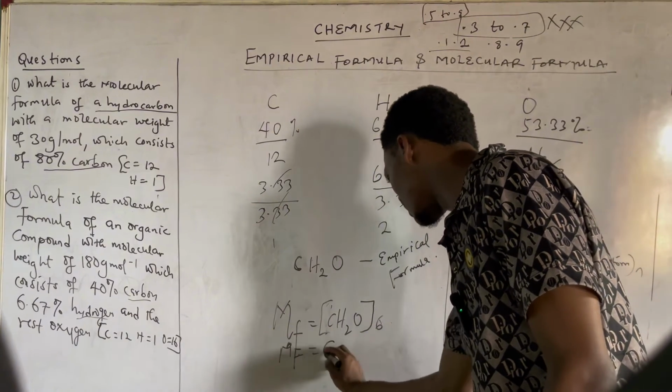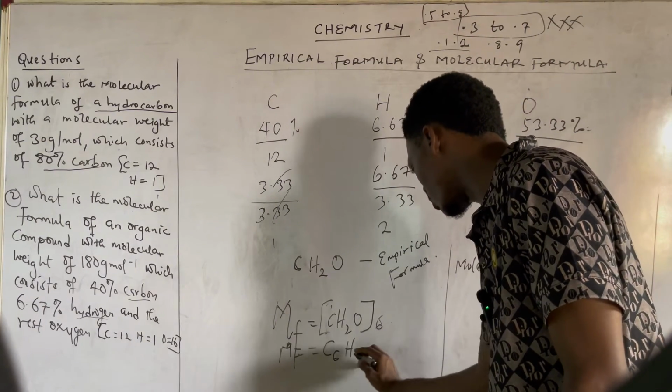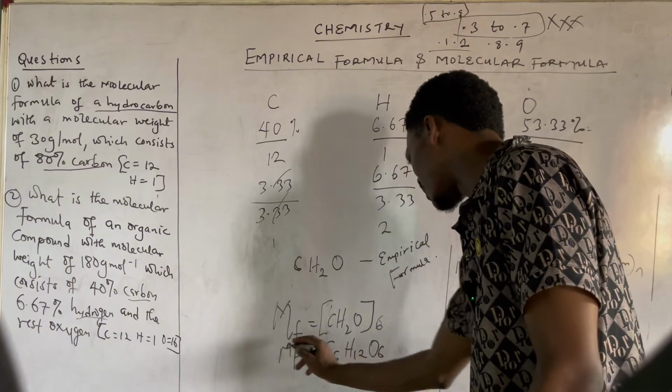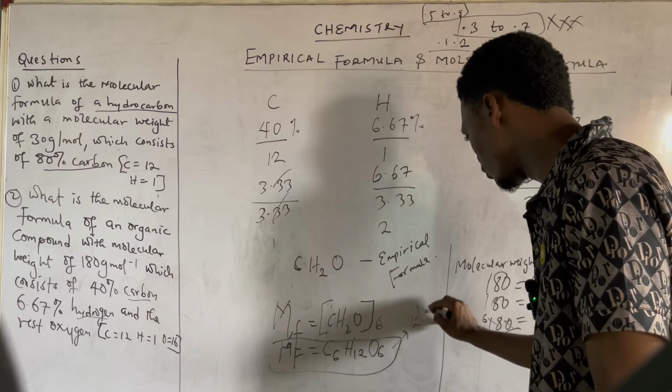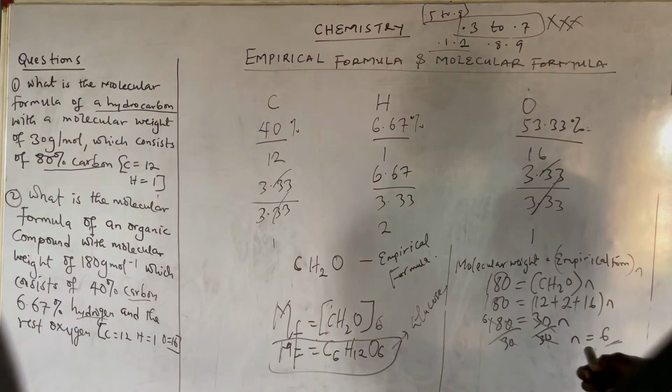That becomes C6, because 6 is affecting everything. Then H: 2 times 6 is 12. Then O: 1 times 6 is also 6. And don't forget, this formula is the formula for glucose. So the empirical formula is that, while the molecular formula is that.